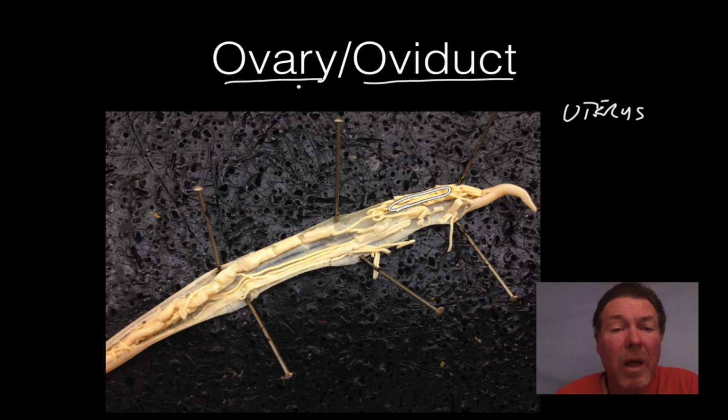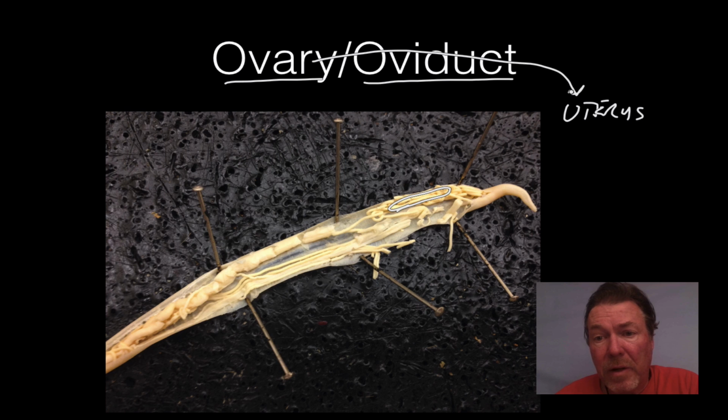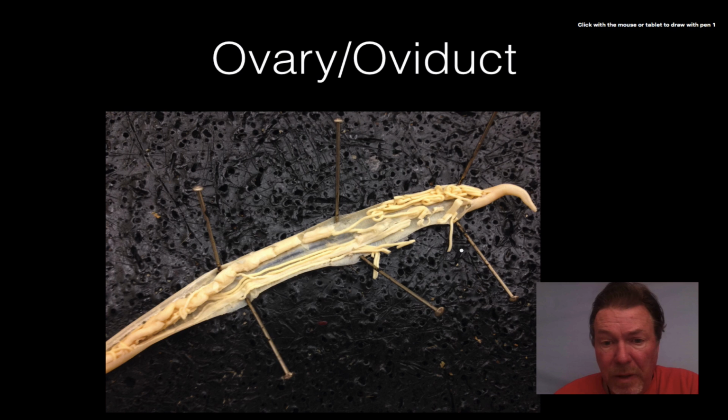There we go. The eggs are made here, and they've got to get to the uterus, so they go through the oviduct to get to the uterus, which is where they're finally fertilized. So either one of those answers would have been fine. If I had pointed to this and said, what is it? And you said ovary, it would have been correct. Or if you said it was the oviduct, it would have been correct. Either one would be fine, and both are correct on the test.